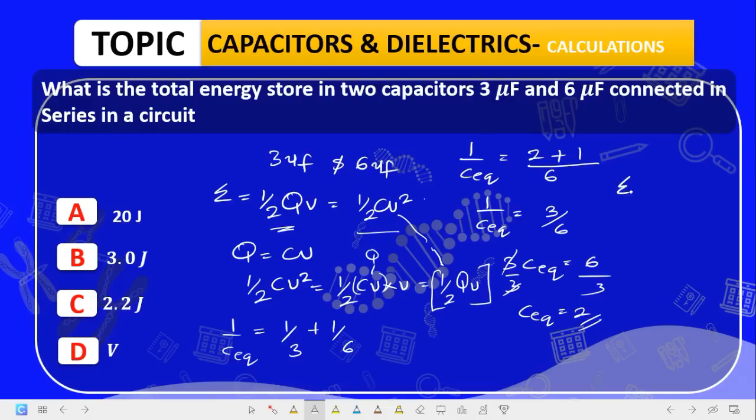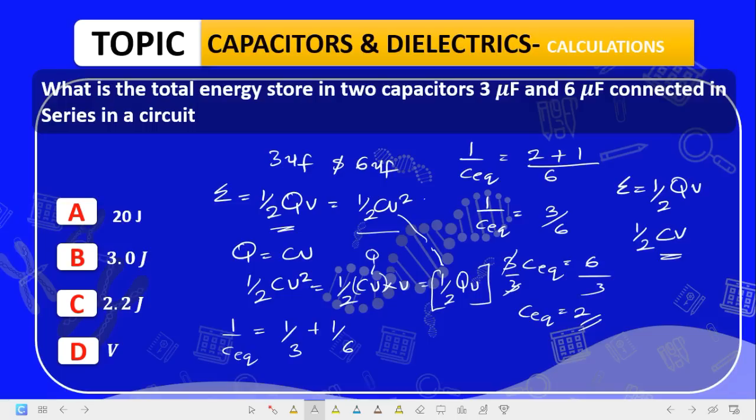Okay, so that is our equivalent capacitance. Now, we said to calculate the energy, we can use half QV, or half CV. But in this case, were we actually given Q or V in this calculation? It wasn't given. So let's improvise.